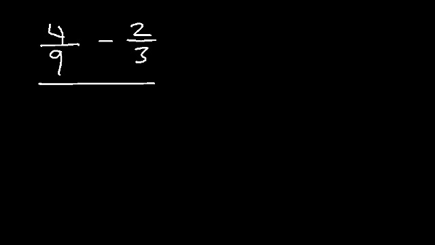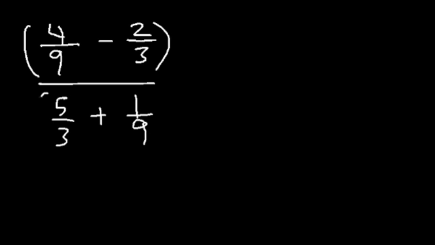Try this one. 4 divided by 9 minus 2 over 3 divided by 5 over 3 plus 1 over 9. So to simplify it, the principles are the same. We need to multiply the top and bottom by the common denominator. The common denominator, or the least common multiple of 3 and 9, is 9.